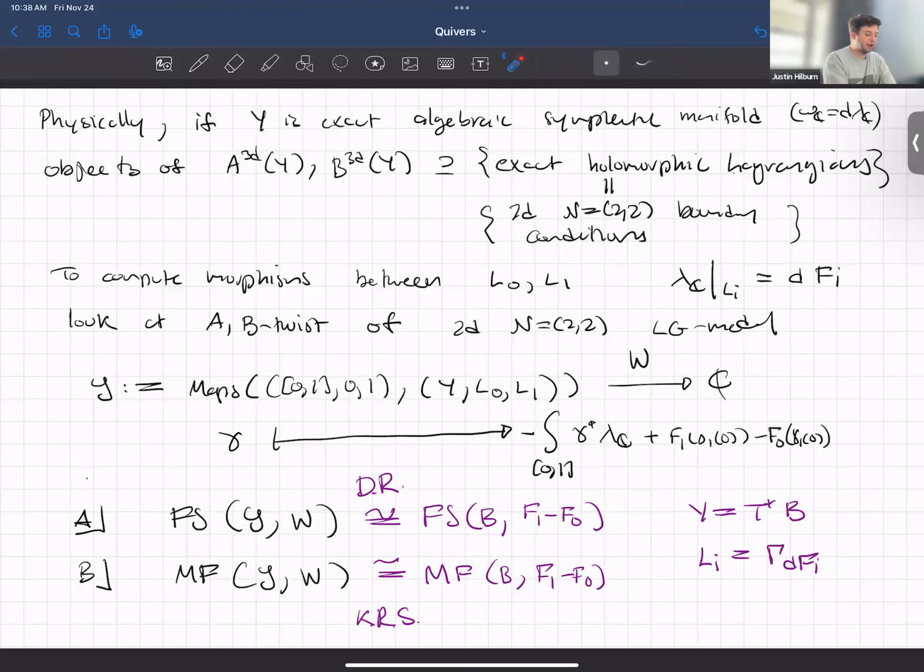So I say you should look at this path space, and now you should do its A twist, and that thing will give you some Fukaya-Seidel category. But you should immediately start screaming at me, because this thing is infinite dimensional.